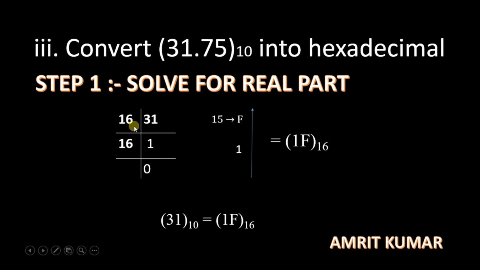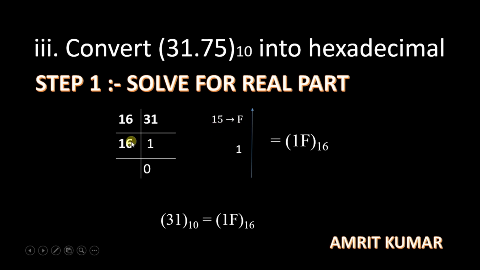When I divide 31 by 16, that gives us quotient 1, and as a remainder we get 15, and we know that 15 in hexadecimal is represented as capital F. Therefore, I will write capital F in the place of 15.